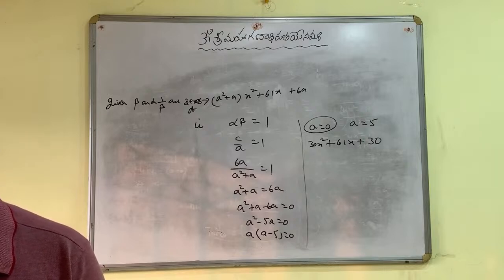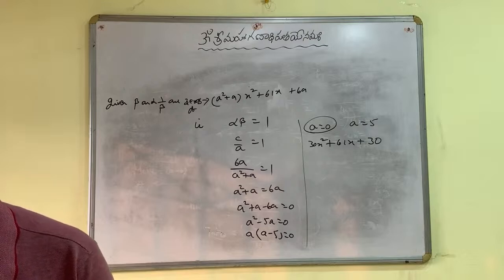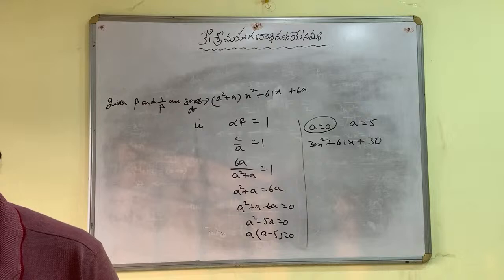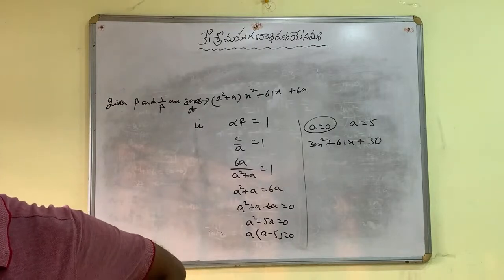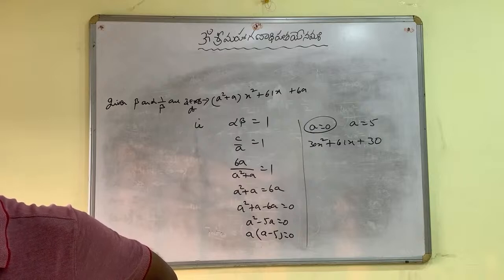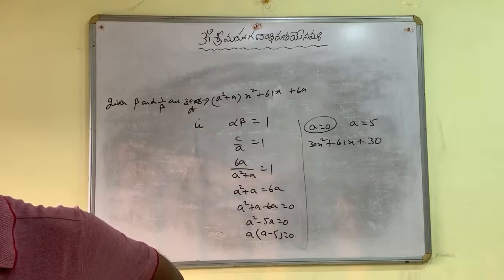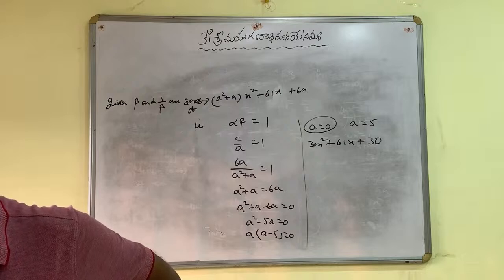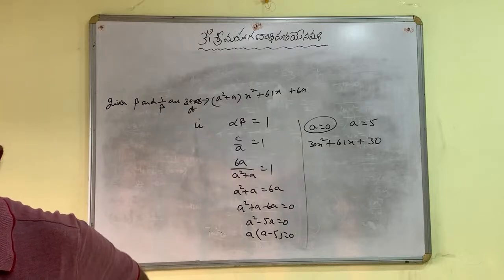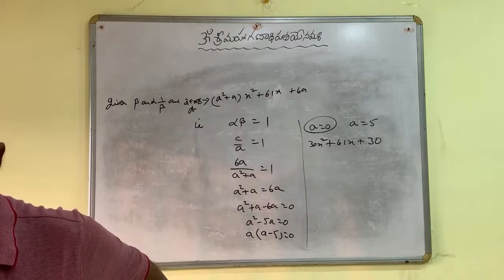In triangle ABC, AD is the median, and O is any point on AD.